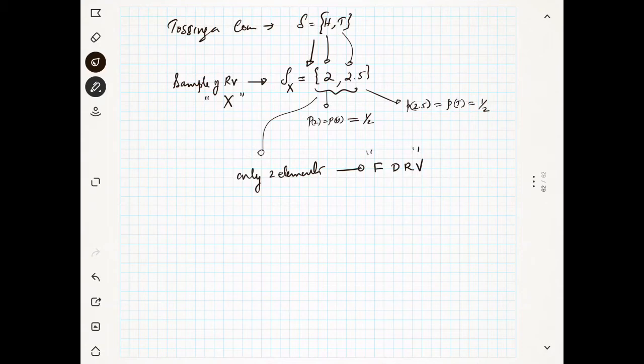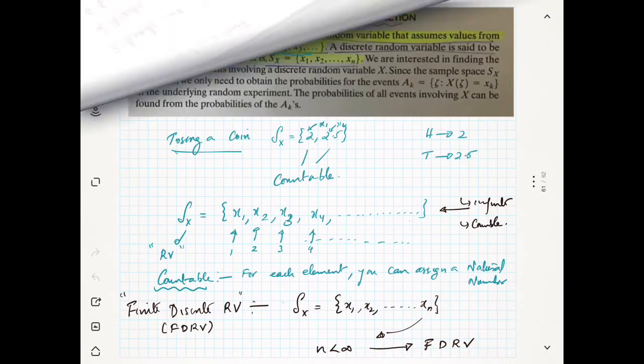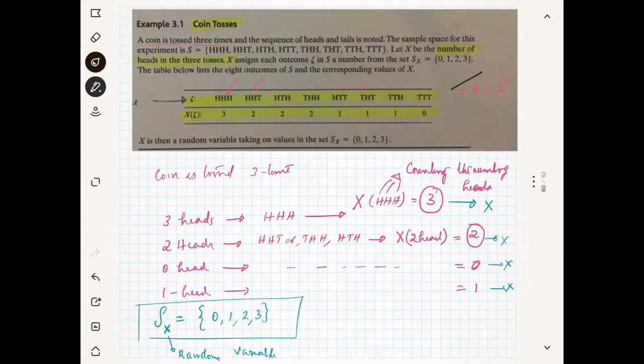Similarly, in the previous example of tossing a coin, it is also a finite discrete random variable, because you can see the outcomes are finite.